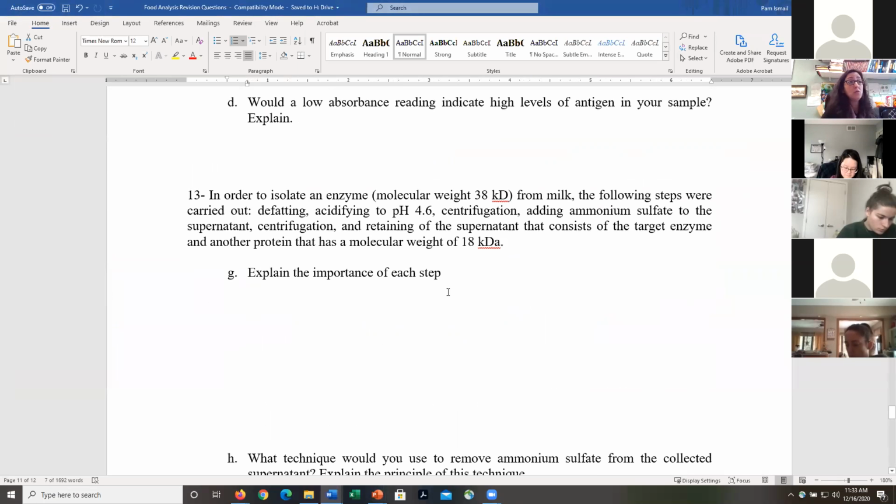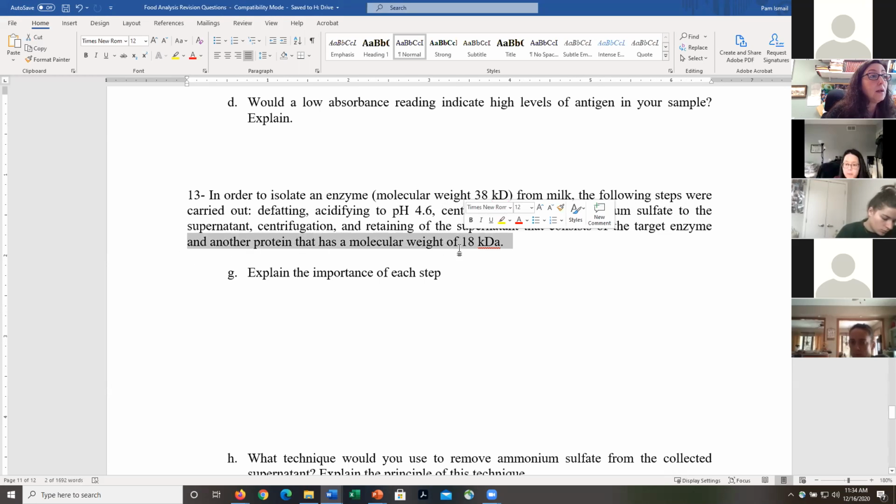And here again, we have another protein separation. Here I give you a molecular weight. I give you that I used pH to precipitate. Then I added salt to do salt precipitation. And then I ended up with my enzyme and another protein that has a molecular weight of 18 kilodalton.